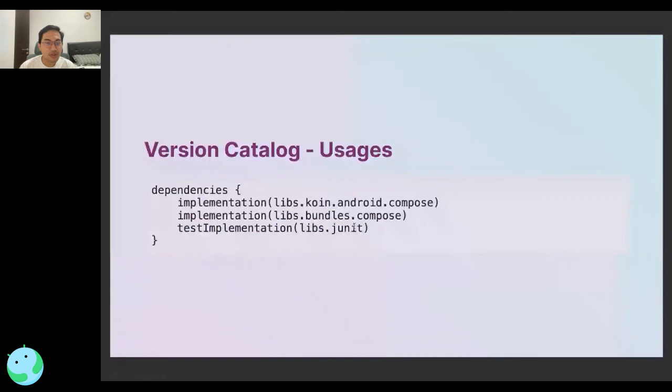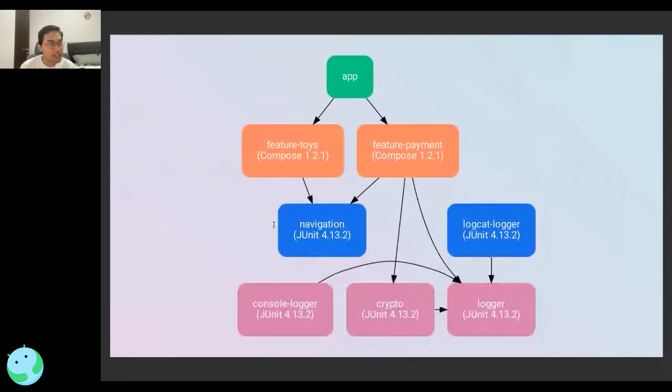We can also use this version catalog for libraries in the test implementation scope. By using version catalog, we are confident that our modules are using the same library versions. The feature modules are using the same Compose version. The library modules are using the same JUnit version, and so on.